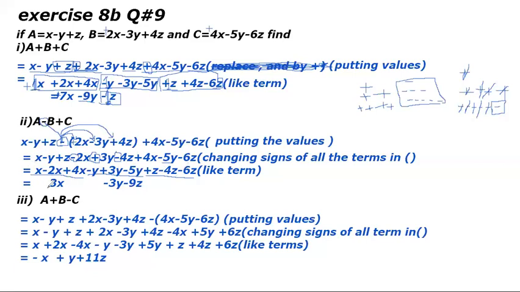Now 3x. I will prove how 3x. Okay, x means positive 1x, negative 2x and positive 4x. Now positive 1x means that positive sign 1 time. Negative 2x means that negative sign 2 times.